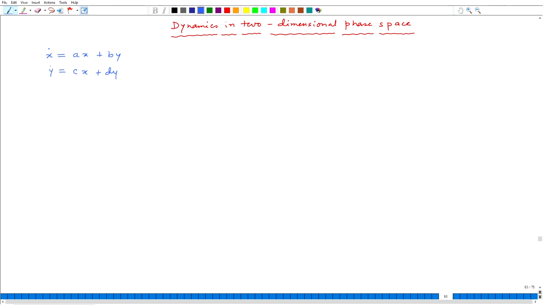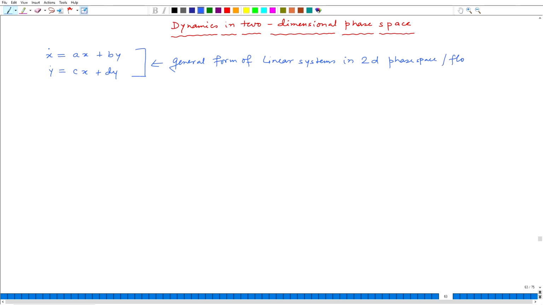These are the general form of linear systems in 2D phase space.